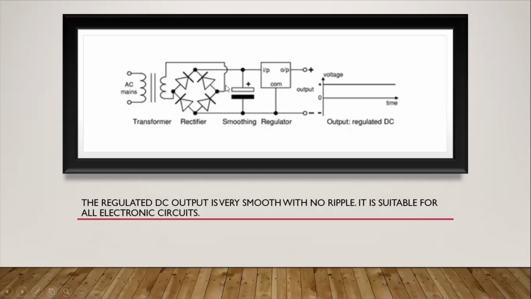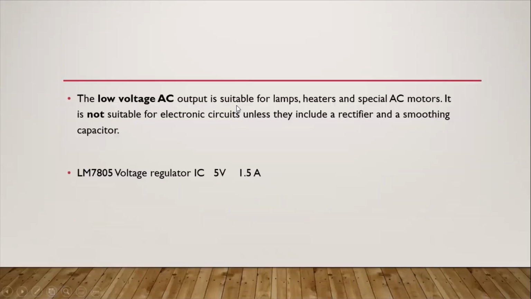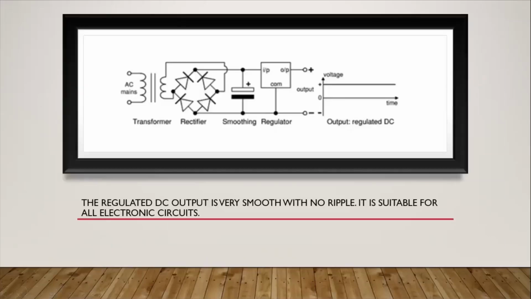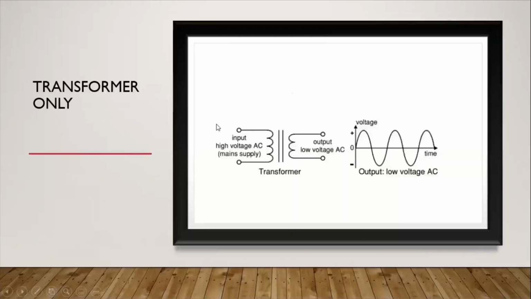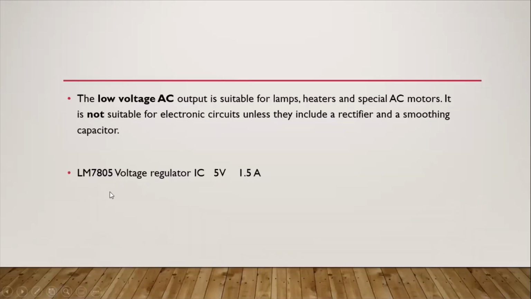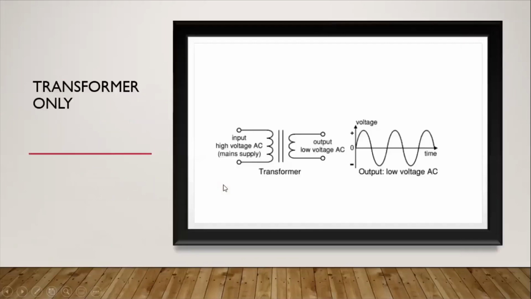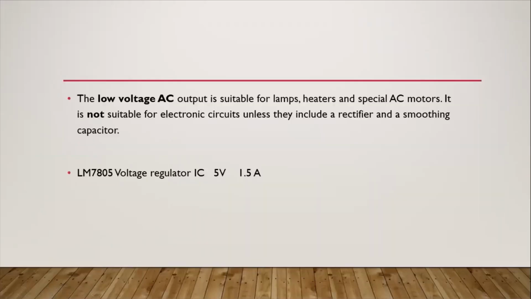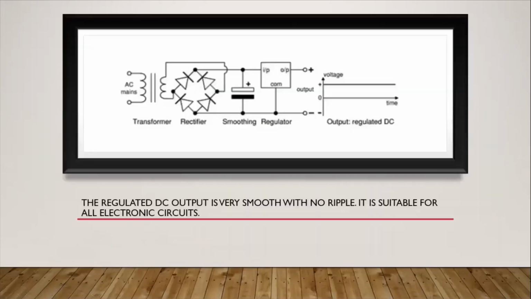Then meron tayong smoothing component na capacitor that smooths the DC from varying greatly to a small ripple. Then yung pinaka-last, yung regulator, katulad ng pinaka-common na LM7805, it eliminates the ripple by setting DC output to a fixed voltage. Okay, that is the block diagram or the schematic diagram for power supply.